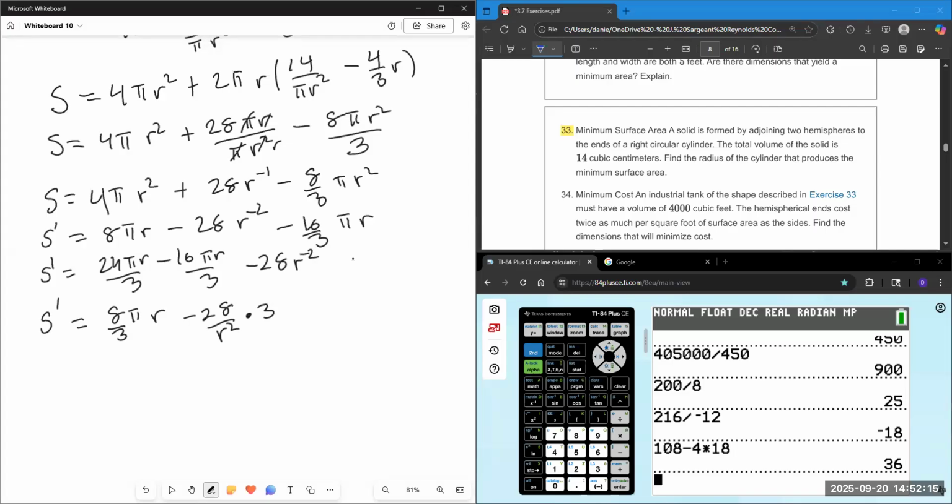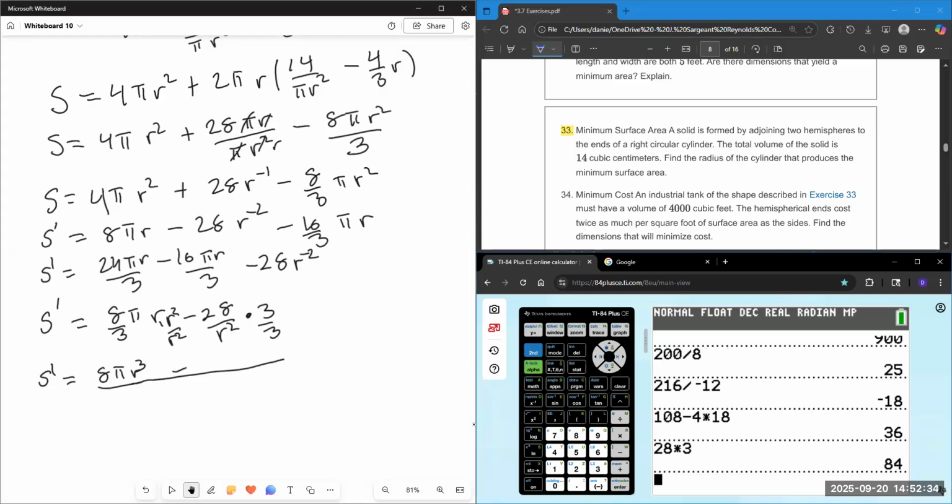Need to multiply by 3 over 3 here and by r squared over r squared here to make S prime equal to 8 pi r cubed minus, let's see, 28 times 3 is 84, over 3 r squared.